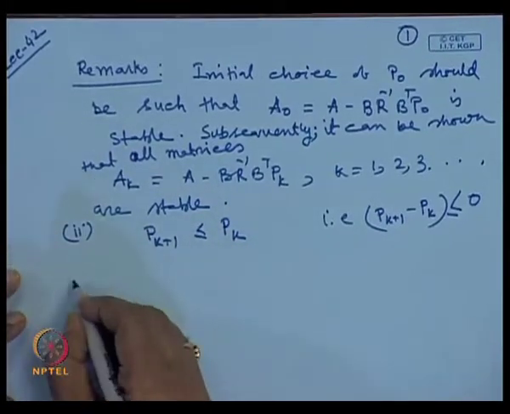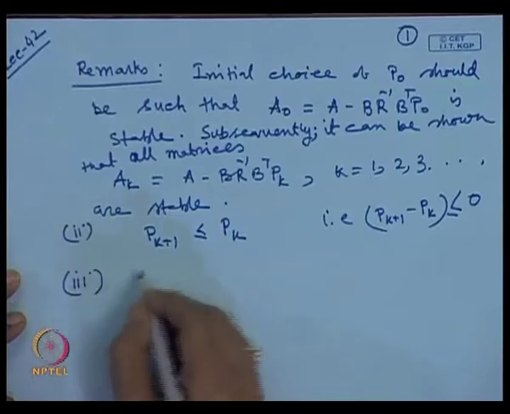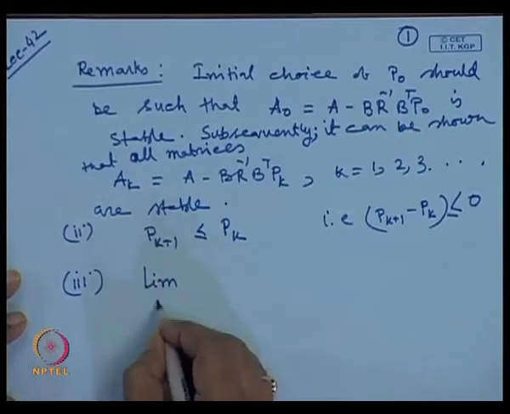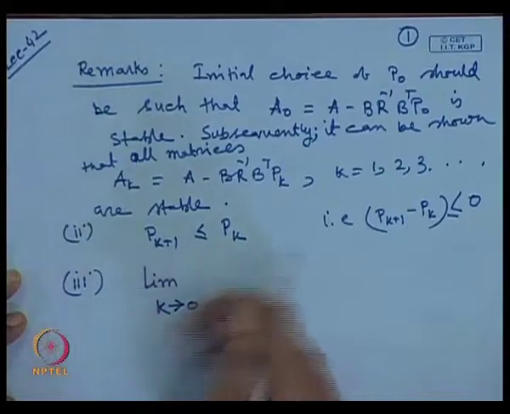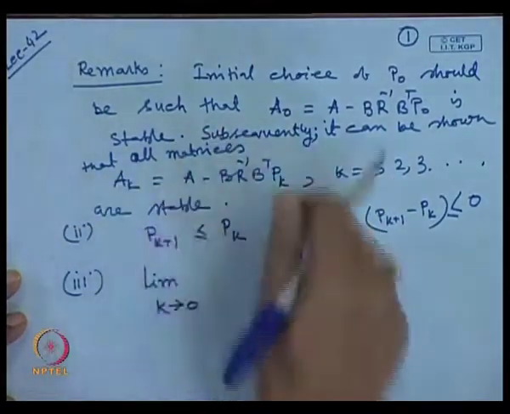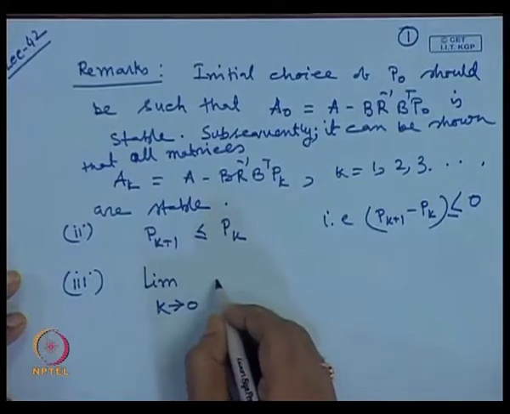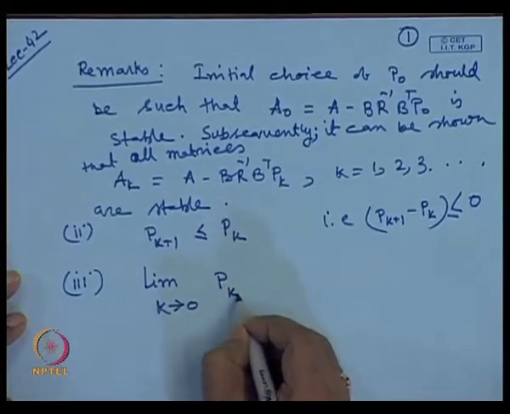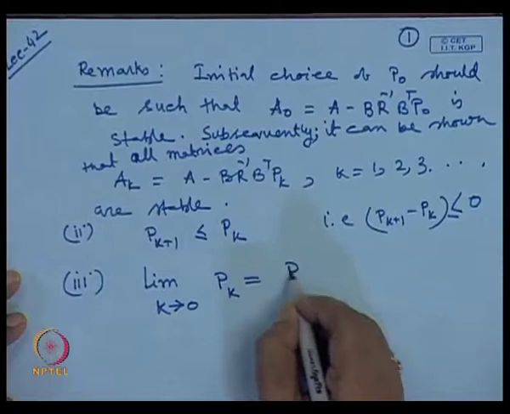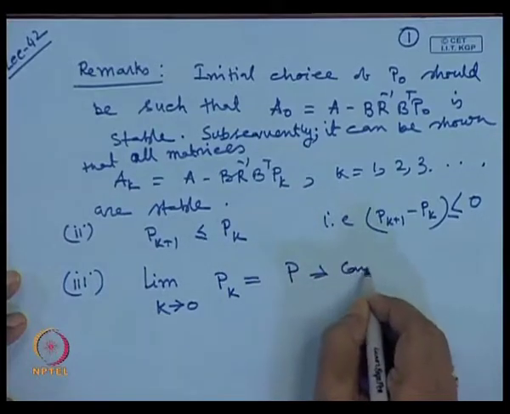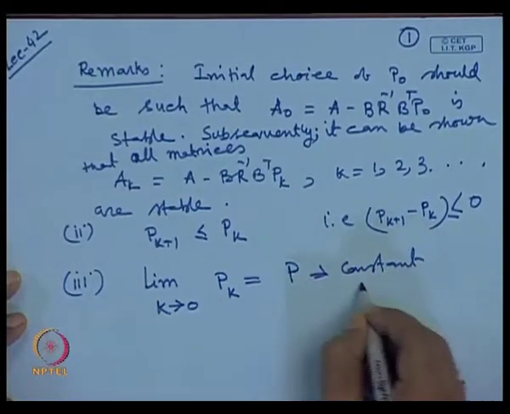Agree? Then the third one is the limit as k tends to infinity. If you go on increasing the iteration recursively and solve the Lyapunov equation, then you will see P of k will equal P, which is a constant. It converges to a constant matrix.